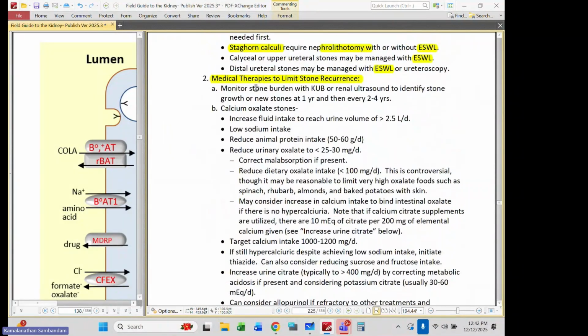Let's move on to medical therapies for stone management. I monitor stone burden radiographically as well as symptomatically. Use your KUBs, your renal ultrasound, and then your CT scans to periodically assess at the two-year mark.